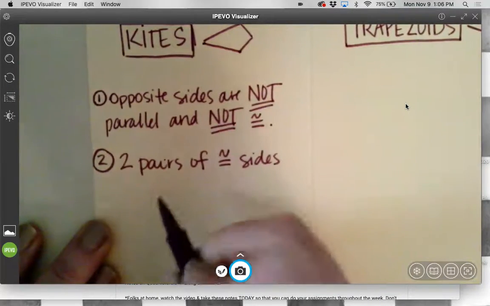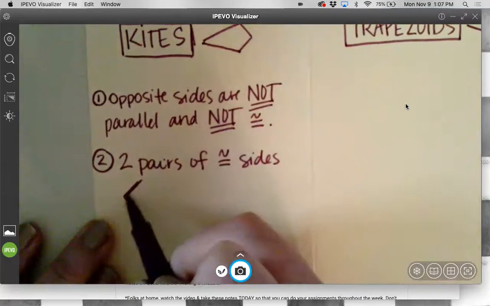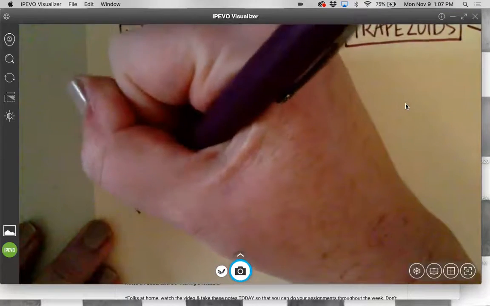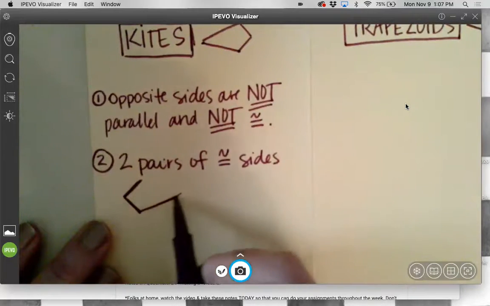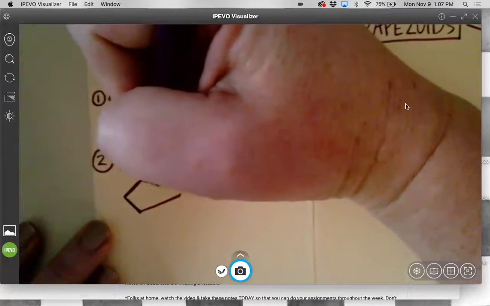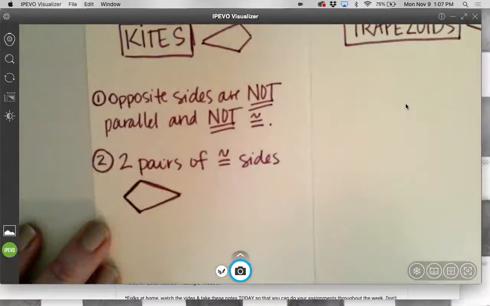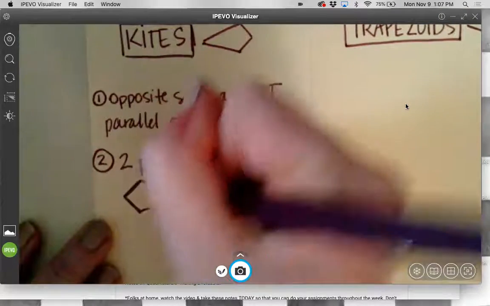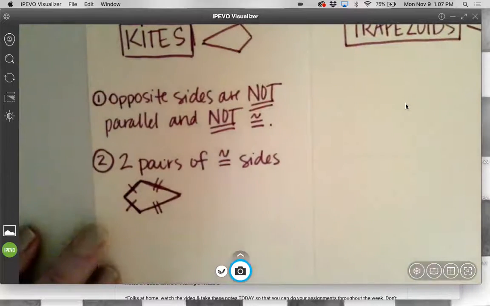I don't want to say that consecutive sides are congruent because that's not true all the way around the shape. But the sides that are congruent do touch. So this one is congruent with this one, and this one is congruent with this one. And you can see that.